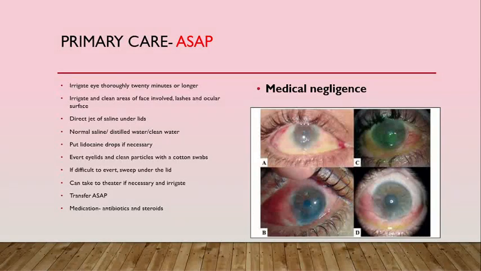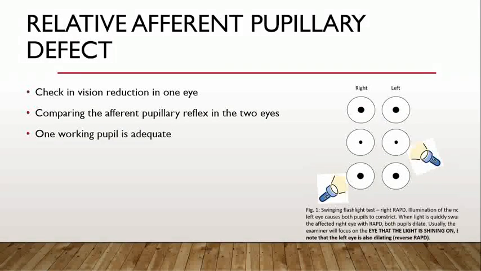We evert and take that part of the everted lid, and we do a double eversion. Even when you do those, sometimes these alkali particles and other foreign bodies can remain. And if you can't do anything, just take a cotton bud and sweep blindly underneath before transferring, and transfer as soon as possible.